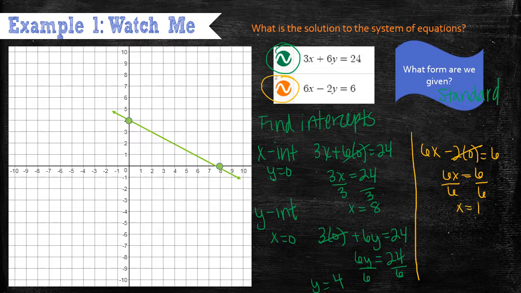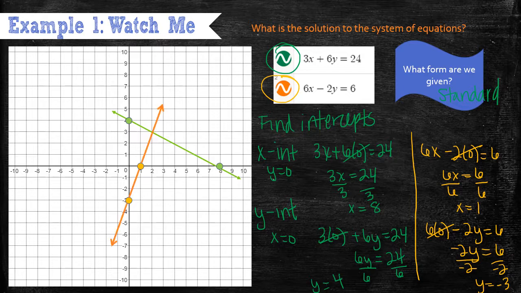And then to find my y-intercept, we let x equal 0, so 6 times 0 minus 2y equals 6. My first term now cancels. And negative 2y, to undo multiplication, we divide both sides by negative 2, and y is going to be negative 3. So now that I have those two points, I can go ahead and plot my two intercepts. So x was equal to 1, and y was equal to negative 3.